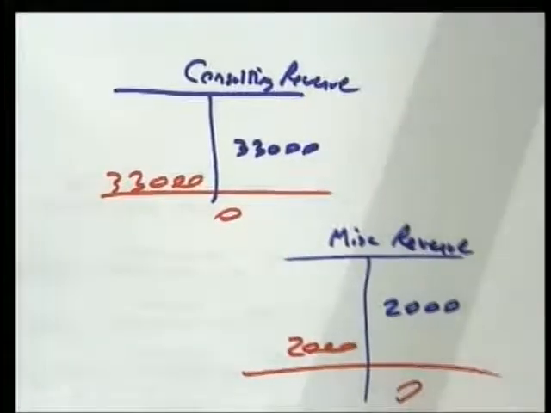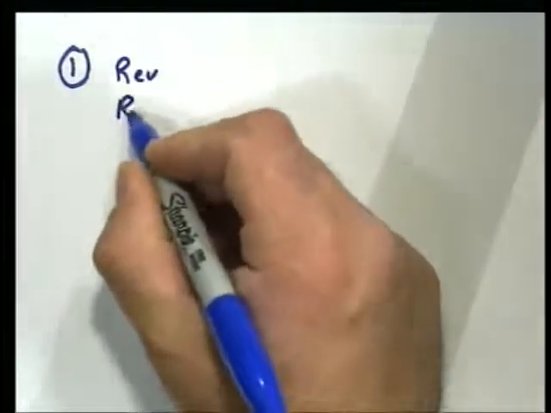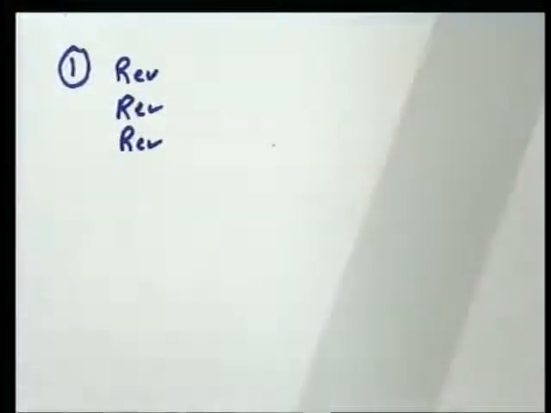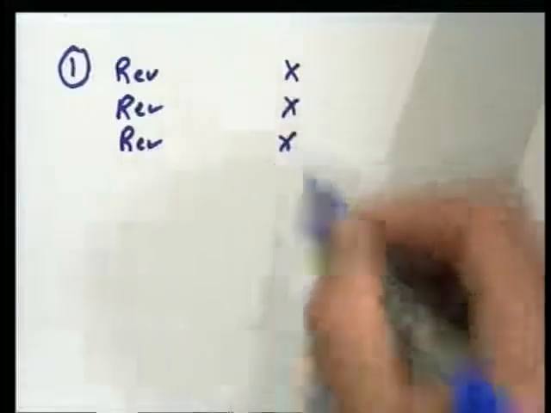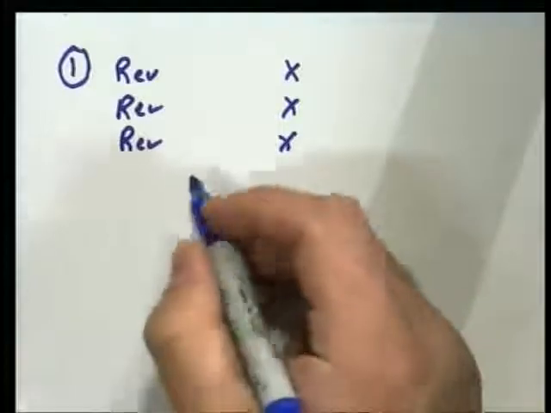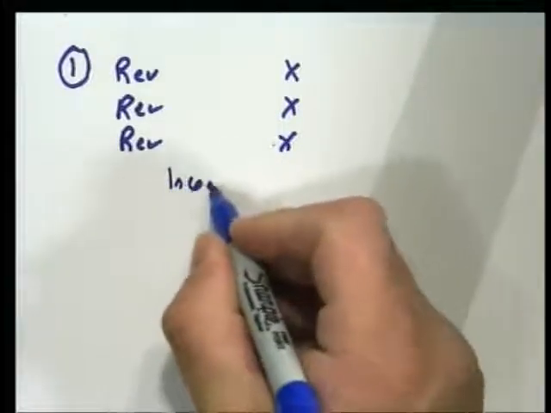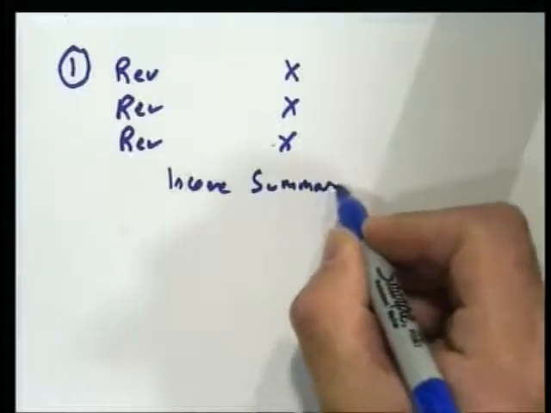So our first closing entry, what we are going to do is list out each revenue account. Now I'm just putting revenue to specify your different revenue accounts, okay? And we are going to debit those, okay? And then the offsetting credit will be to this account called income summary.